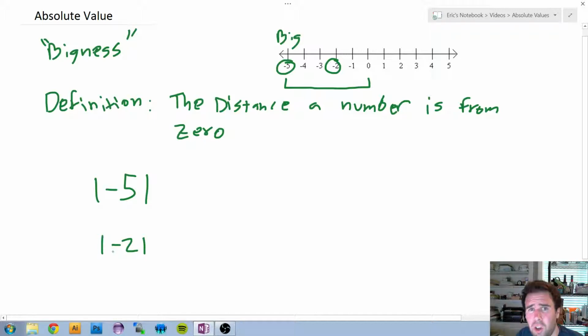Now, because we're talking about distance from zero, unless you're in a physics class, we're going to denote distance as being a positive number. So the distance -5 is from 0 is 5, and the distance -2 is from 0 is 2. And that's why we can say that some negative numbers are bigger than some positive numbers, because that negative number is farther away from 0.